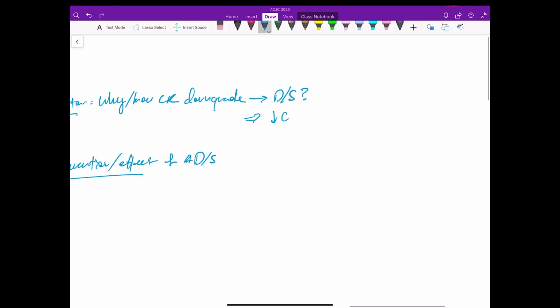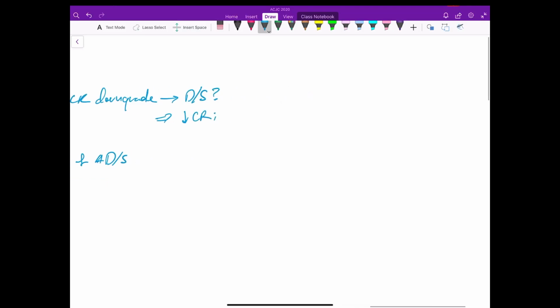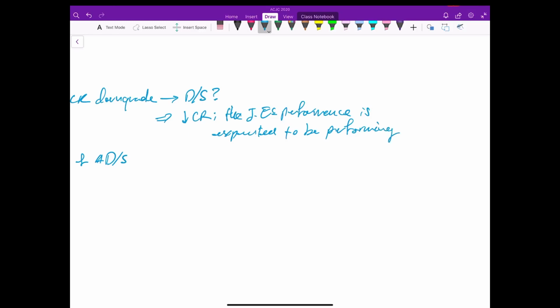With a lower credit rating, the Japanese economic performance is expected to be performing less or suboptimally, right?